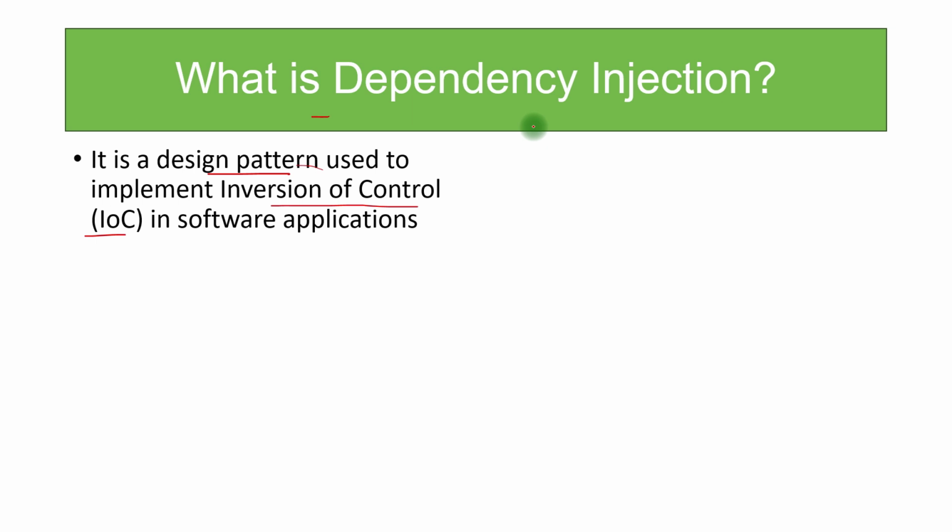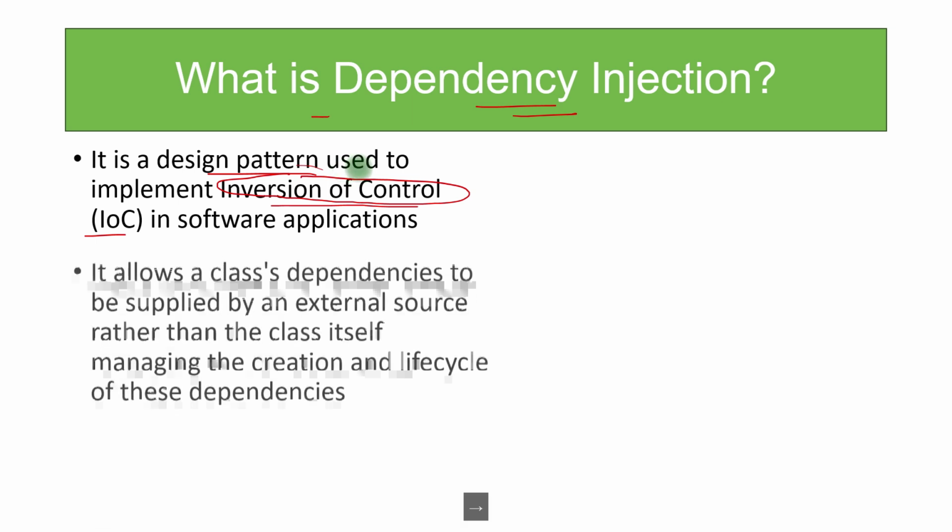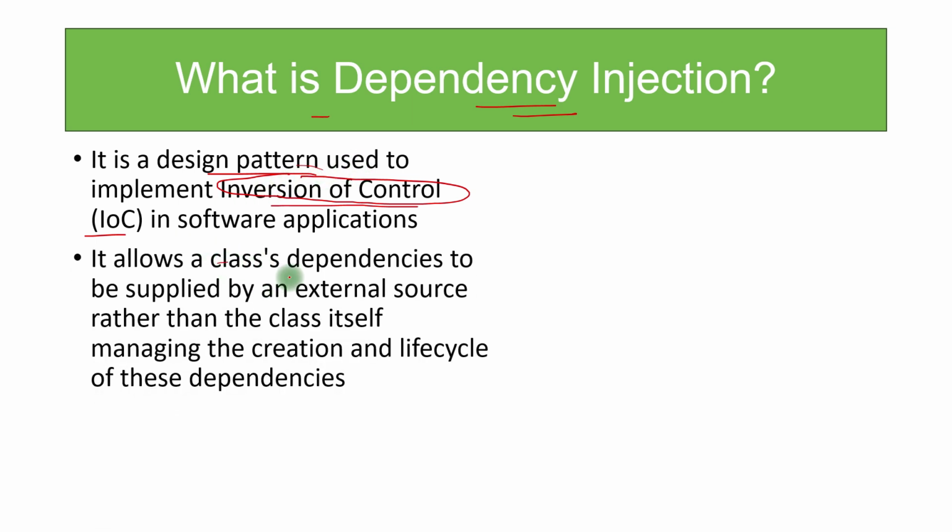It is a design pattern to implement a concept known as inversion of control in a software application. We'll see inversion of control with an example in a while. It allows a class's dependencies to be supplied by an external source rather than by the class itself. The external source manages the creation and life cycle of these dependencies.